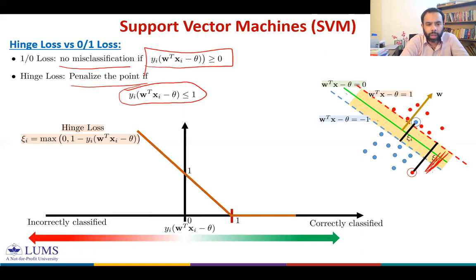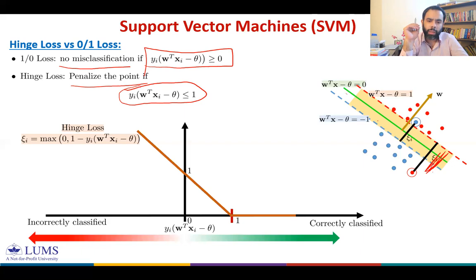When yi (w transpose xi minus theta) is greater than or equal to 1, the loss is 0, psi i is 0, no penalty. The point is already on the correct side.